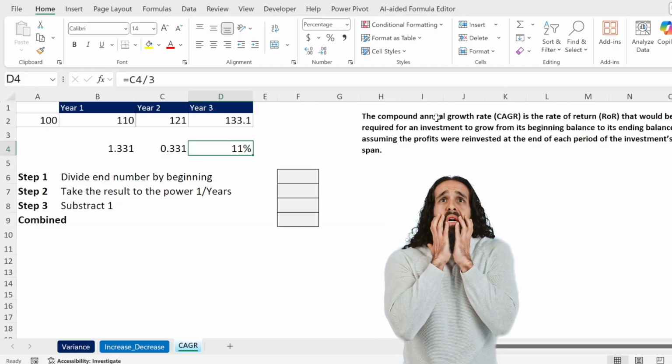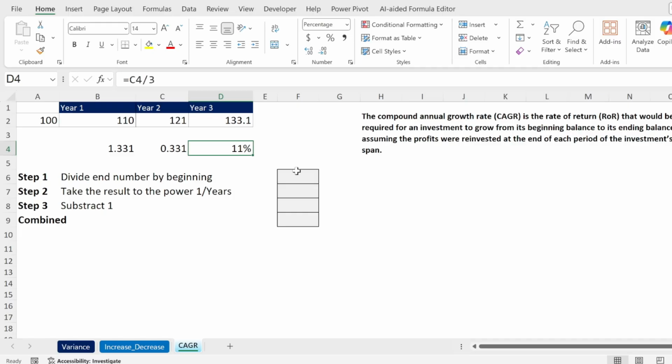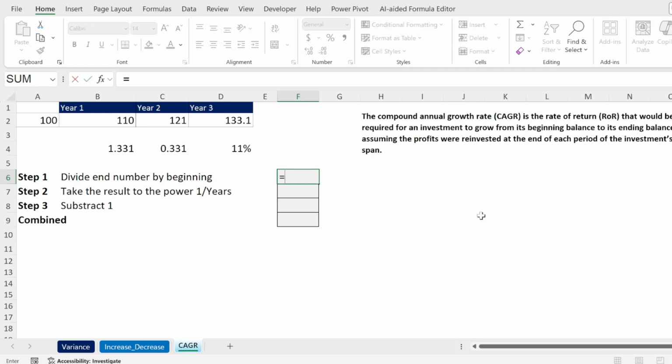It doesn't follow the definition. So let me show you the correct calculation. Step number 1, you will do the same thing. Divide the end number by the beginning. So equal this number divided by 100. Press enter, you get the same thing. Here is the difference. You don't subtract 1. You take the result to the power 1 divided by years.